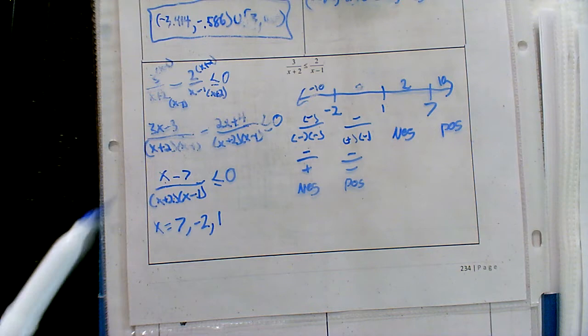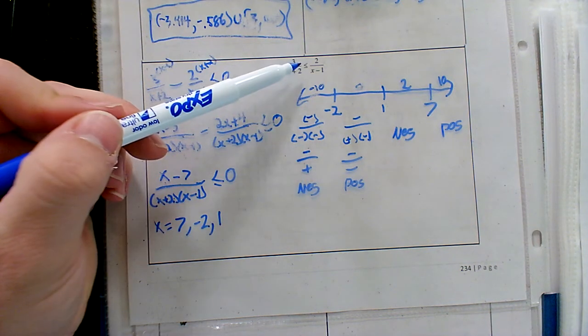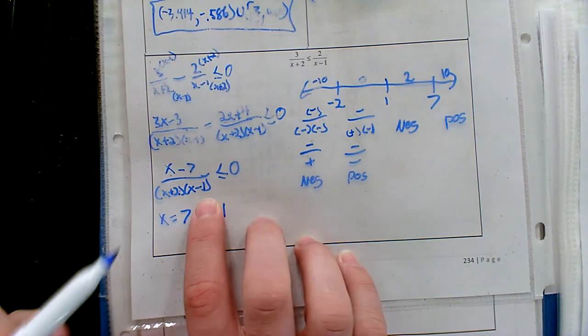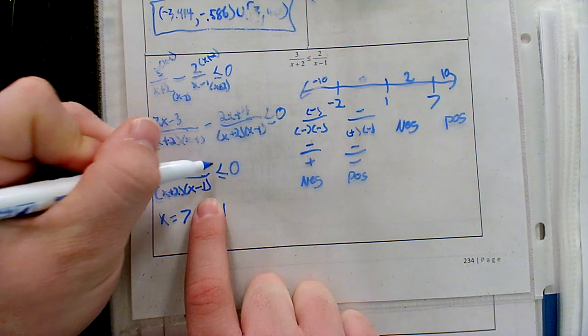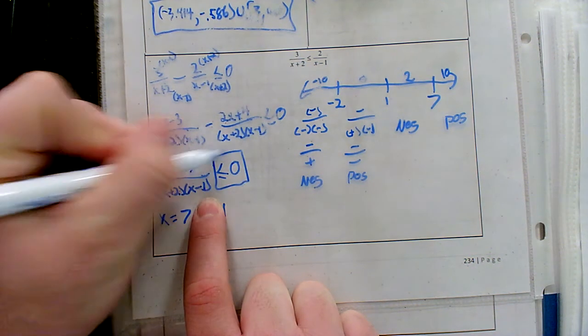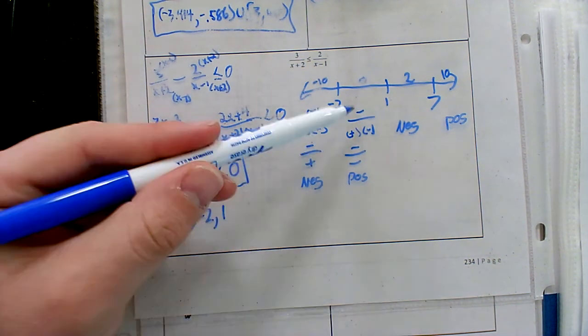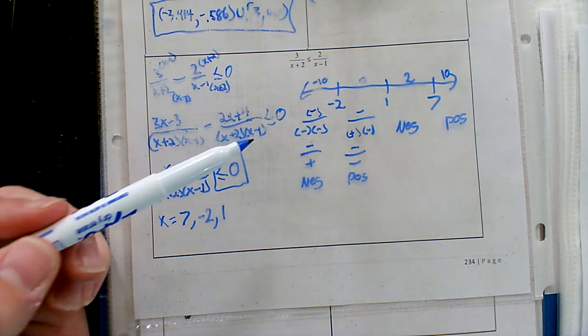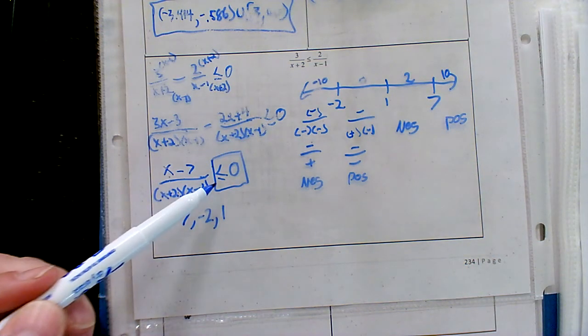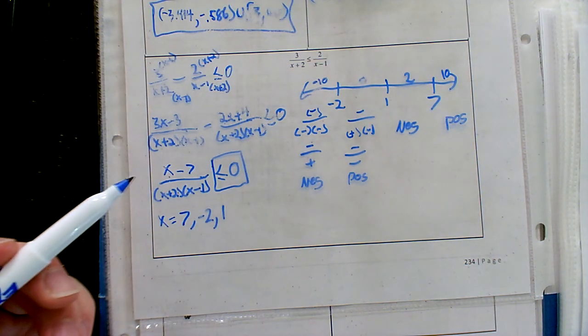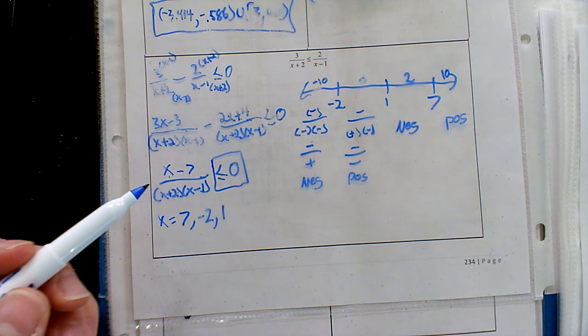Okay, now, we can't necessarily go back to the original here because we need to think about the one that we actually found that looks like the problem we're trying to solve. So, it is less than or equal to 0 is what we're looking for. So, looking at our chart that we made, or our number line, and looking at our original here, what interval or intervals is it less than or equal to 0?